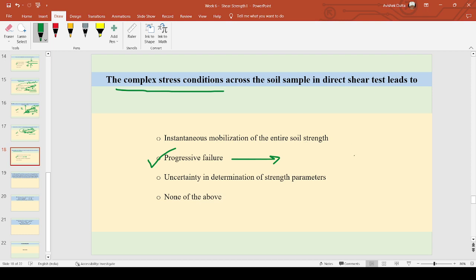The entire soil strength is not mobilized simultaneously. So both these options are actually false. Only this statement is correct: progressive failure. I hope it's clear. I'll go to the next question.